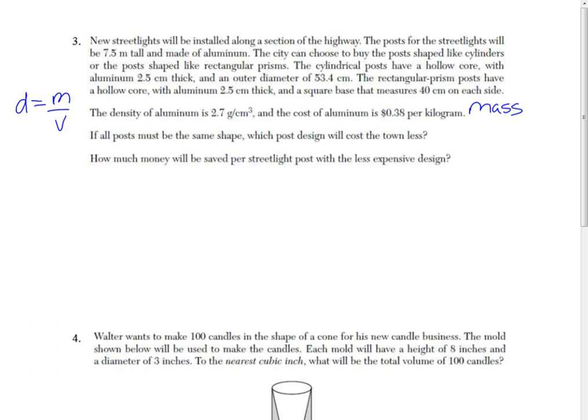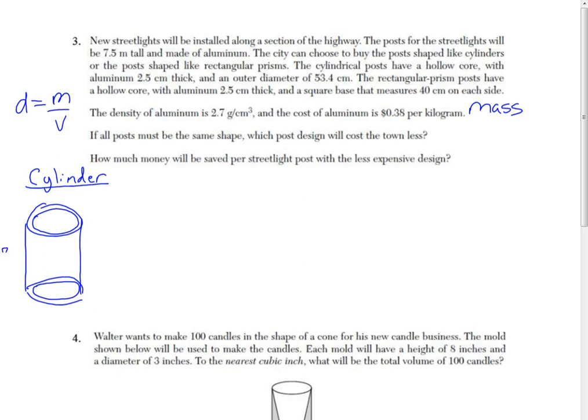We can calculate the volume. The volume is an interesting question because the cylinder is a hollow cylinder, meaning the post is not a solid core post. Whenever you have these hollow volume questions, we have to subtract in order to find the volume of the aluminum.